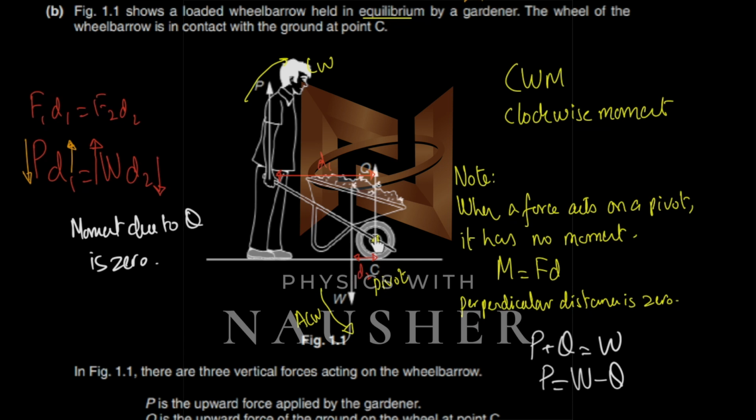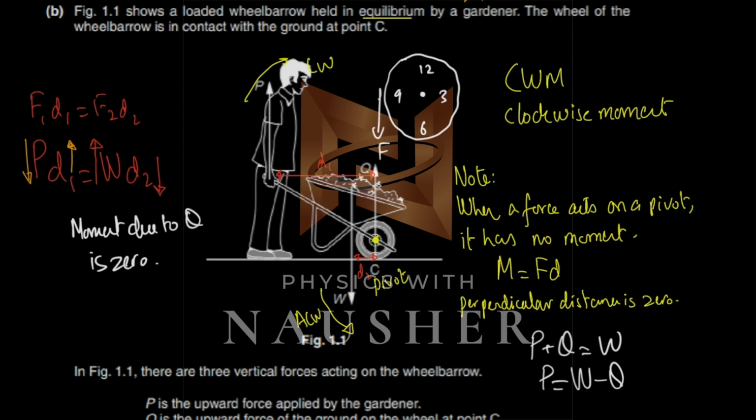Now, if this is the pivot, where is W going to take you? W is going to take you in this direction, because this is the pivot and this is the force which is acting this way. And if you don't understand this, always make a clock. 12, 3, 6, 9. This is your pivot. You have a force on the left side of the pivot, so just make a force on the left side of the clock.